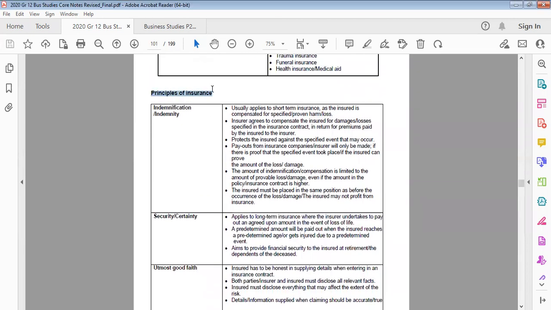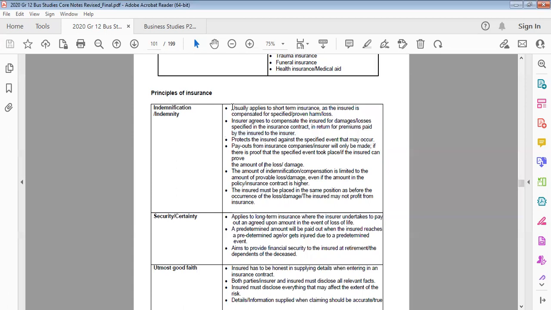Then here are the principles of insurance that I mentioned earlier. And I said all of these things need to be part of the contract for the contract to be deemed valid. Okay, so there needs to be a form of indemnification. The insurer agrees to compensate the insured for damages in return for premiums paid by the insured.